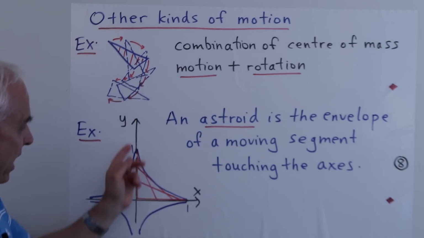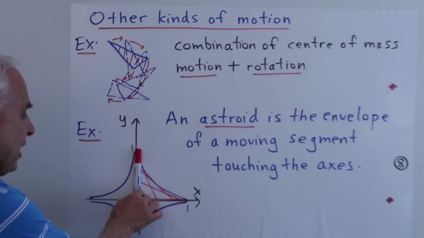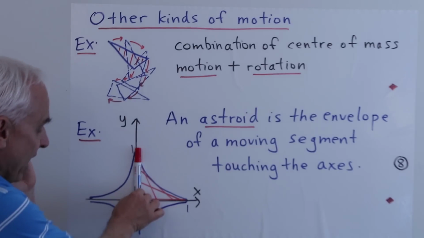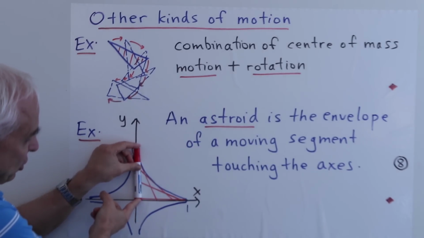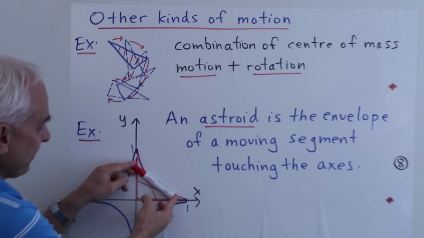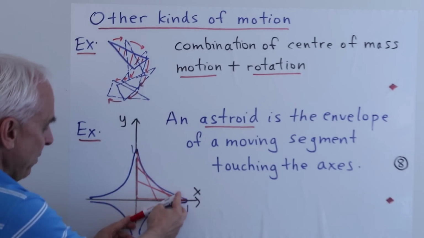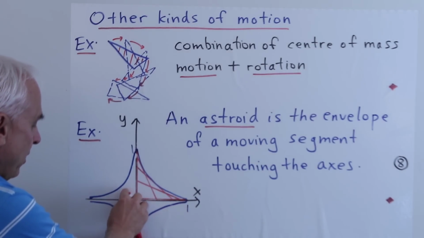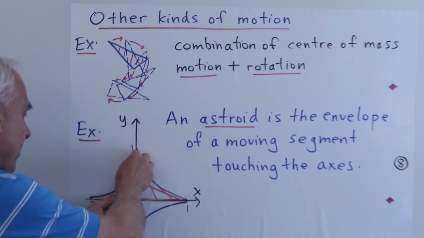So here's x and y axes as usual, and here's a segment. So if I lie this segment here, so it's now touching the y-axis, it's lying on the y-axis and it's touching the x-axis. So if I keep its two endpoints touching the two axes like this, then we can move like this, and it can actually keep on going down like this, and then up like this.